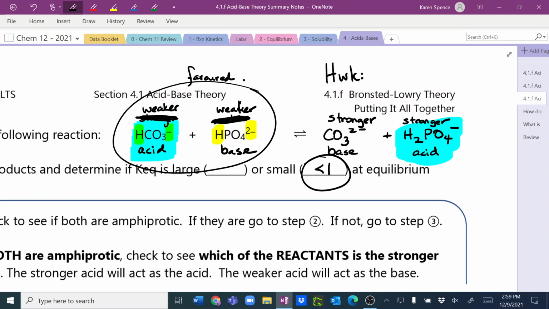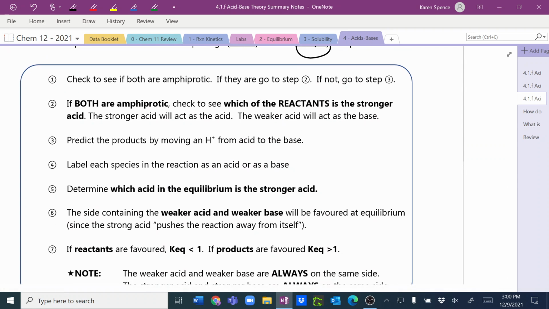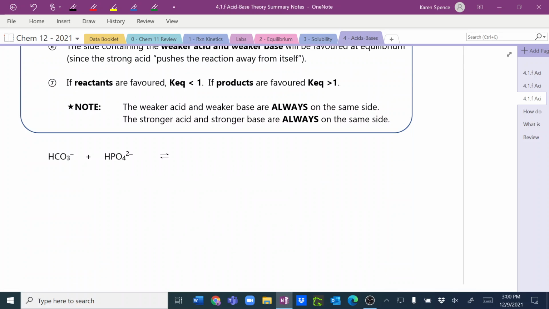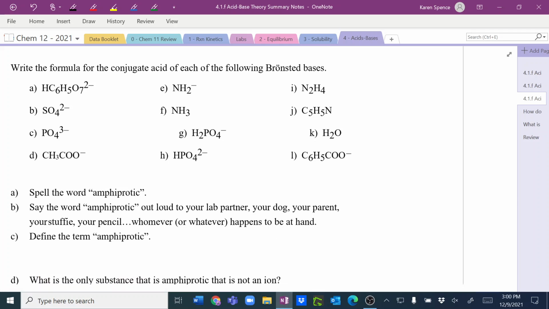I have a vocab sheet for you and some extra practice questions that you can do on the weekend. Basically, if you can do this worksheet, you've got most of the marks on the quiz on Tuesday. So go home, try them out. If you get stuck, the list of steps are right here. Okay, and that's it.